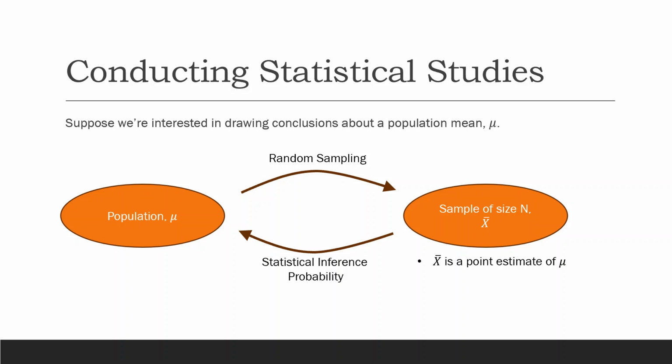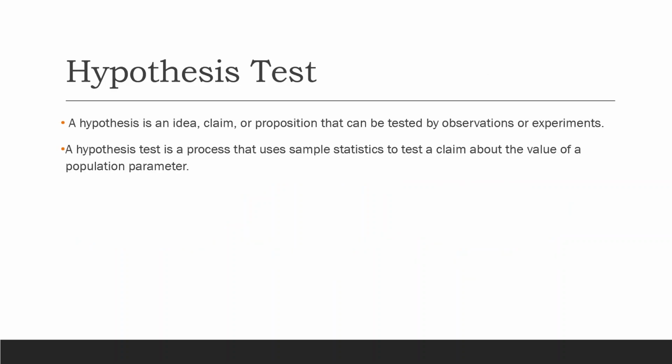And so that's why we took some time in our previous lectures to talk about the sampling distribution of x bar because it has both mu and possible values of x bar within it. So let's talk about a hypothesis test because it is one of our statistical inference techniques that we'll be using over and over again in this course.